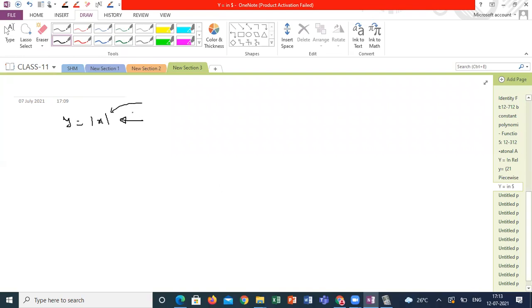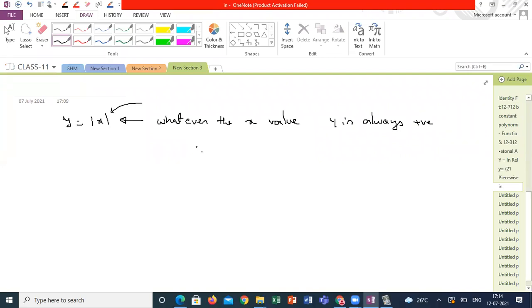Whatever the x value, y is always positive, correct? It is the magnitude value of x, correct?